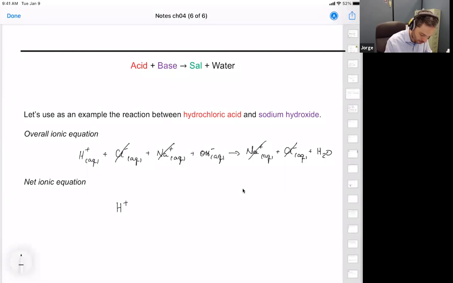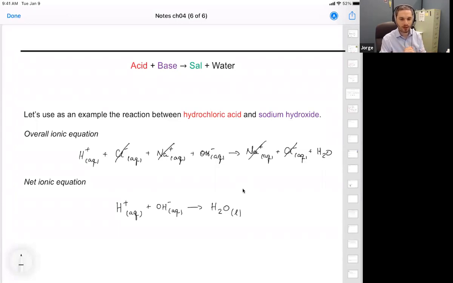So H plus is going to show up in the net ionic equation. And the same thing with OH minus. You have to have the identical compound on the other side, which is not the case. And then water is the only product. Okay, so the net ionic equation will only show the ions that are reacting de facto.